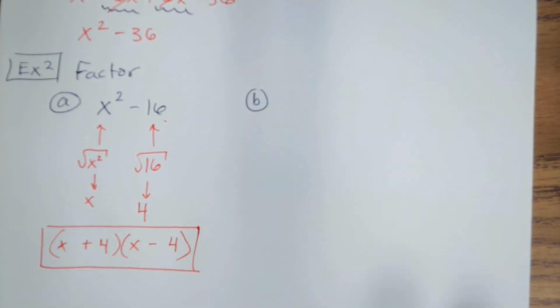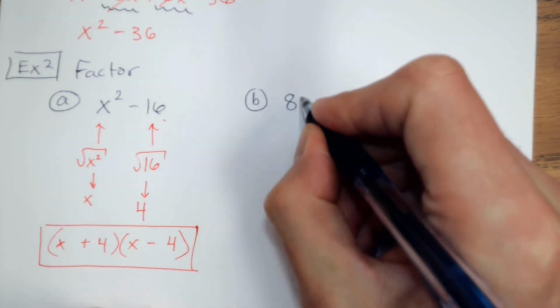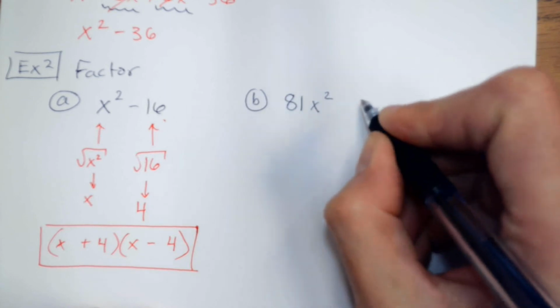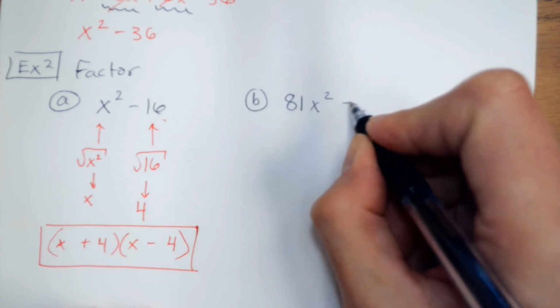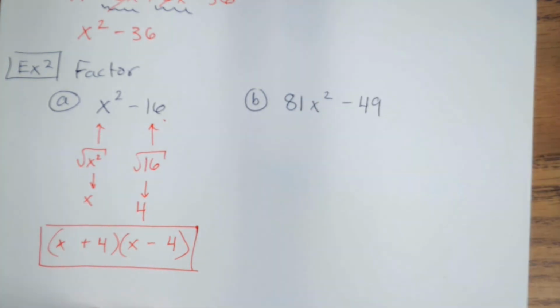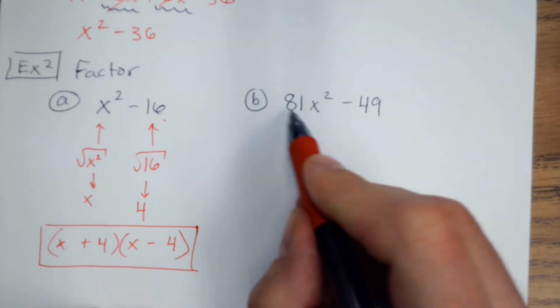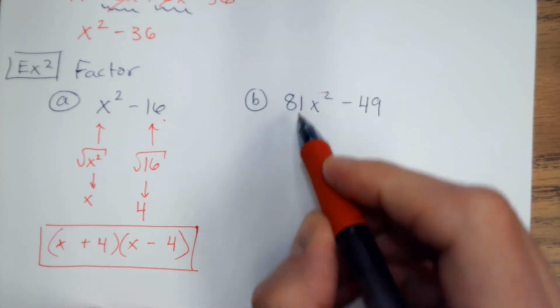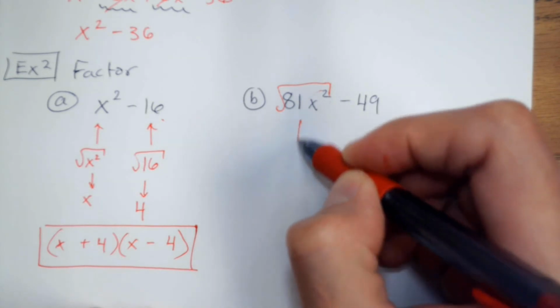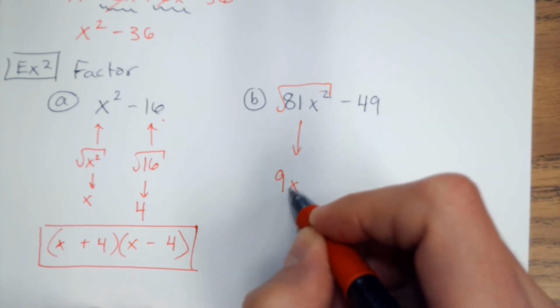We're supposed to factor 81x squared minus 49. I know this is a perfect square and this is a perfect square, so I can square root both, and that gives me 9x.